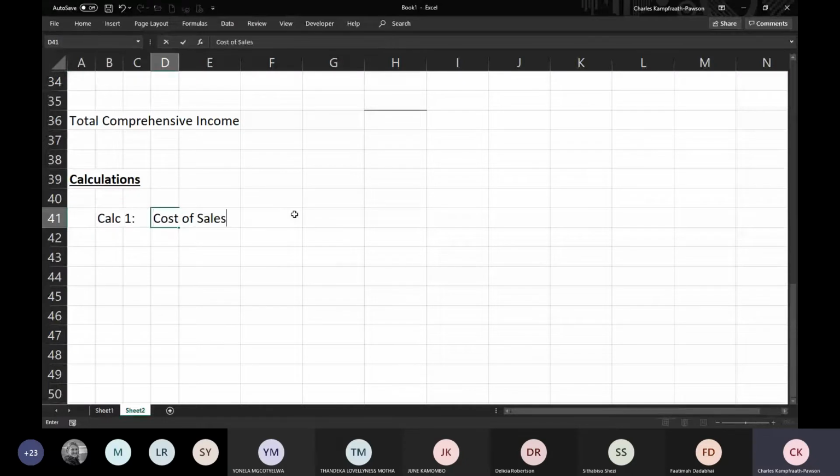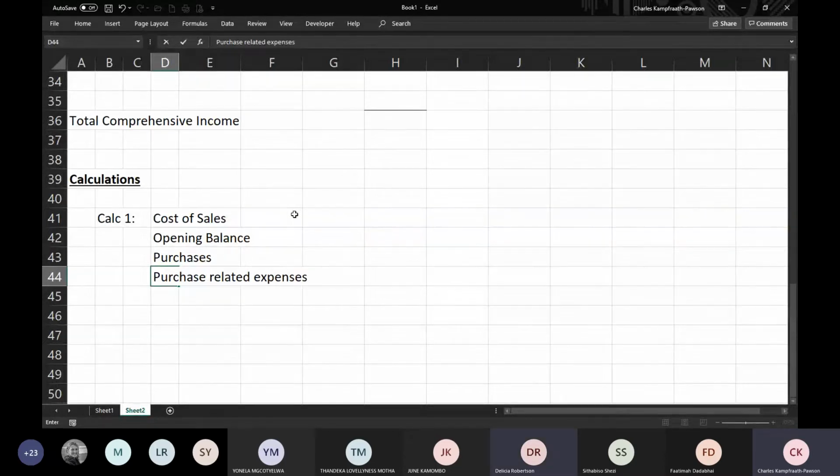Cost of sales. How do we calculate cost of sales? Opening inventory plus purchases and purchase related expenses, and then less our closing inventory.